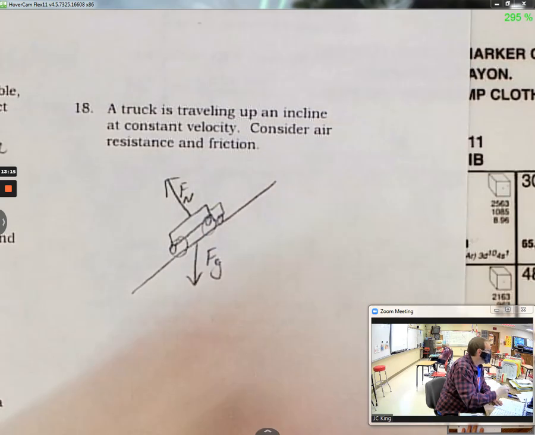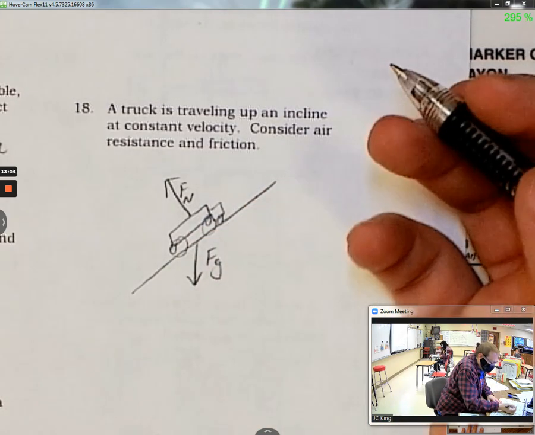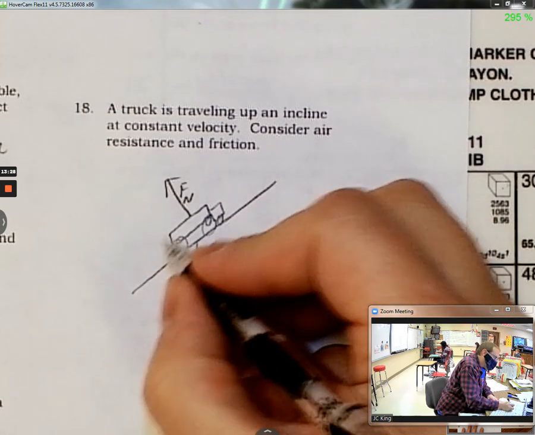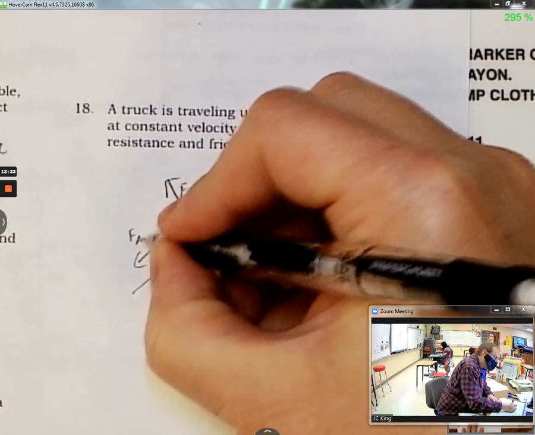It's always perpendicular to the surface it's resting on. Okay, down the slope. Yeah, that works.